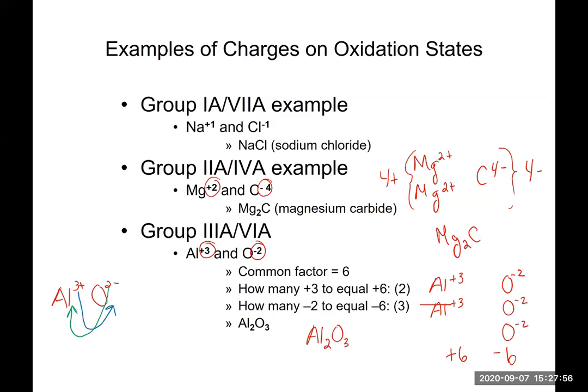That's our shortcut. So again, we end up with Al2O3. But I just want to double check and make sure that I have the lowest common multiples, 2 and 3. So I may want to go back to this factor of 6 and just make sure.